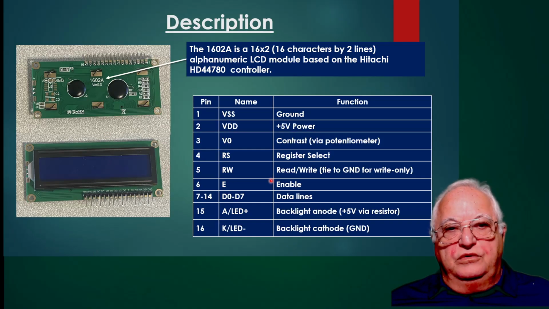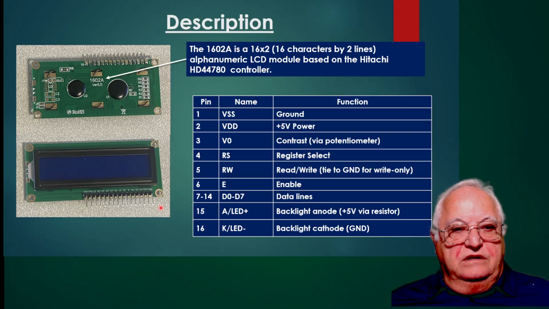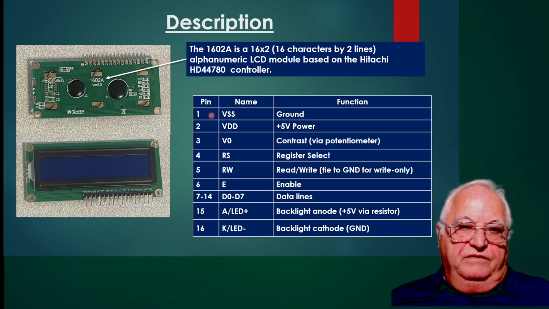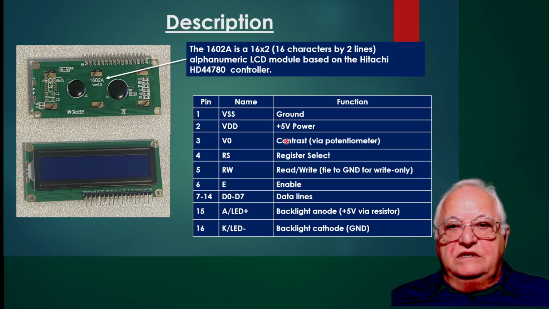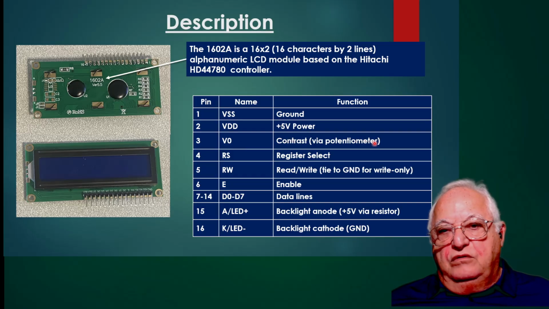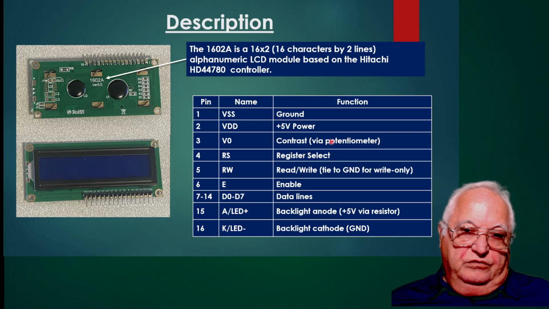Next, I'm going to show you an idea of the pins. So we're going to have a pin for the ground power, then a pin for the contrast, that would be pin number 3. The important thing about this is that you have to connect a potentiometer to drive pin 3.